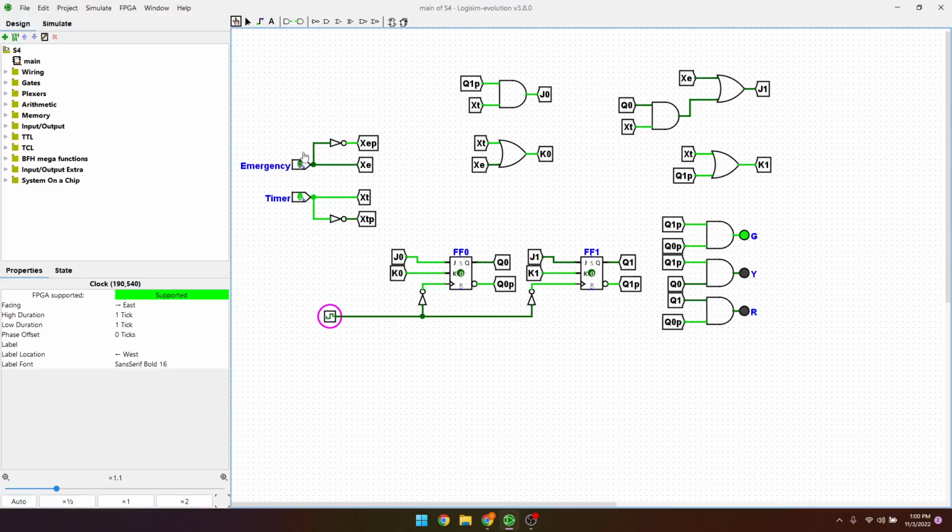And if they're being created with our input variables, xt or xe, or their primes, then it's going to be a Mealy machine because that uses a current input to determine the output. Not entirely, but it's part of the equation. However, Q0 and Q1 are the outputs of previous inputs.